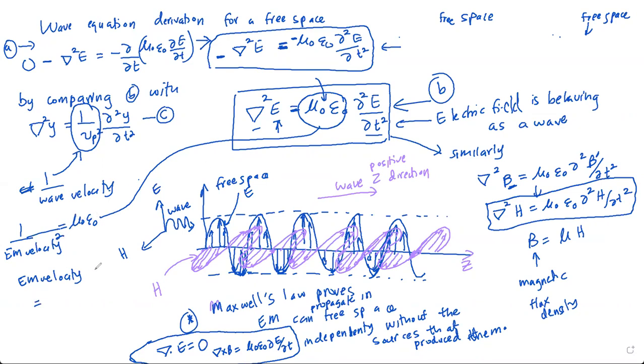And then we can say that 1 over the square root of mu naught epsilon naught is equal to the electromagnetic wave's velocity.